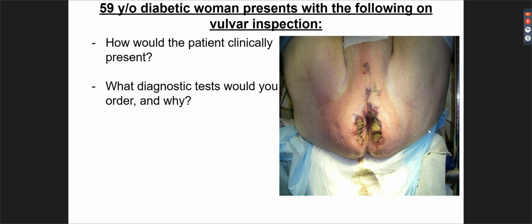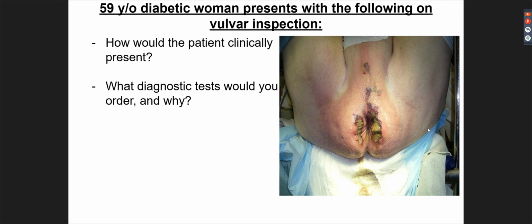Anything else you would note on physical exam? Sure. You could potentially note subcutaneous emphysema. Anything else? Not that I can recall at this moment.